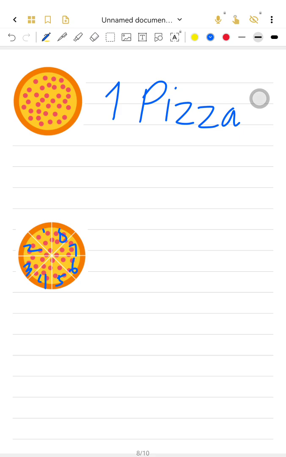So there are 8 slices. Each friend, including me, will receive 1/8 of the pizza because I divided it into 8 slices.